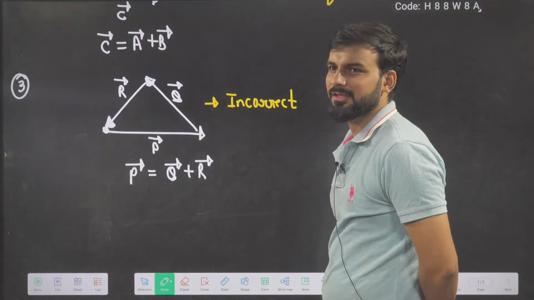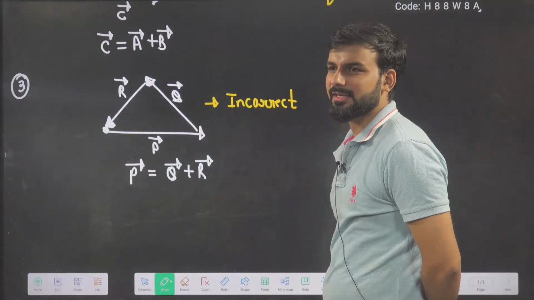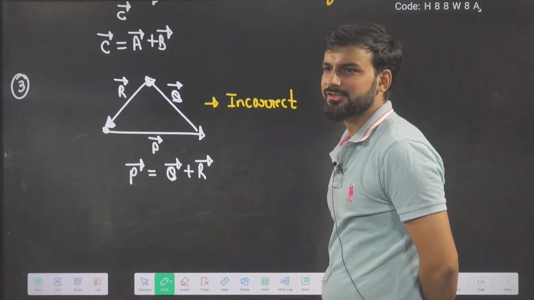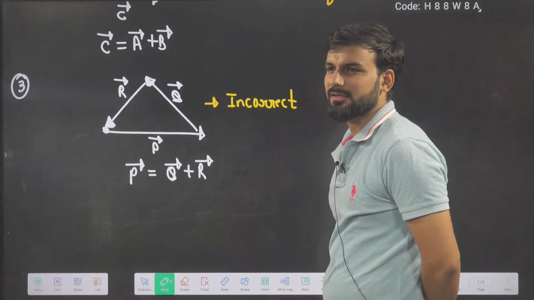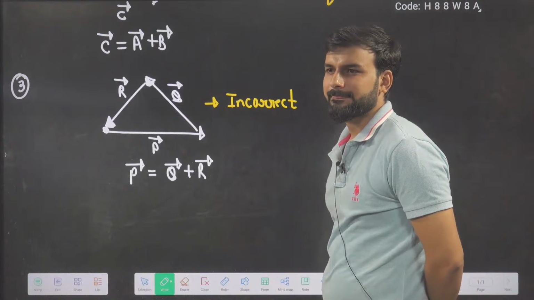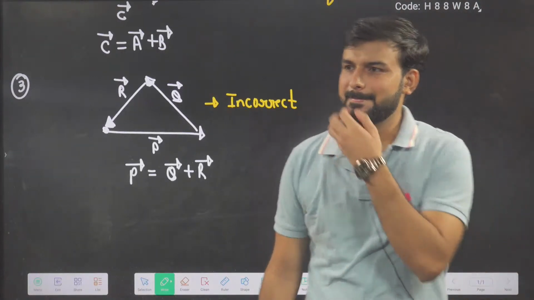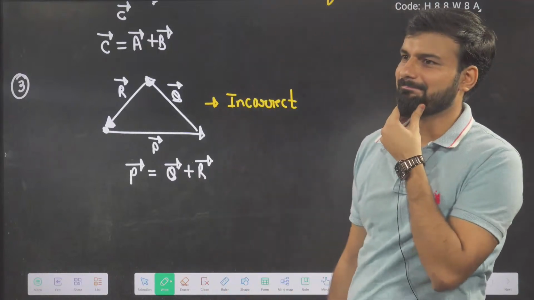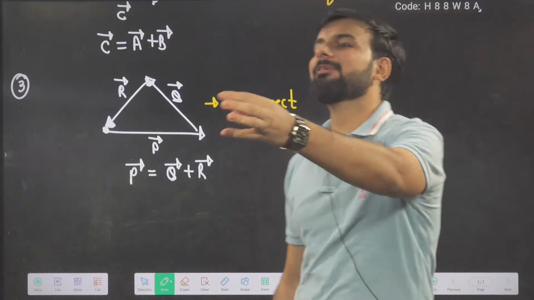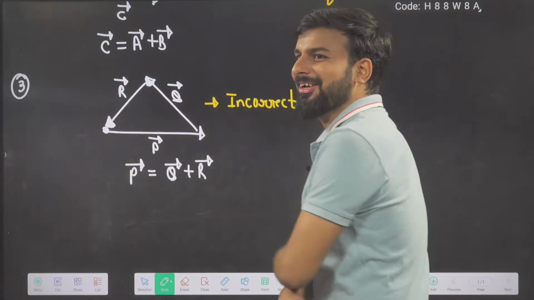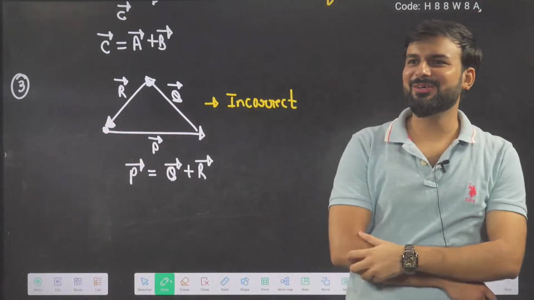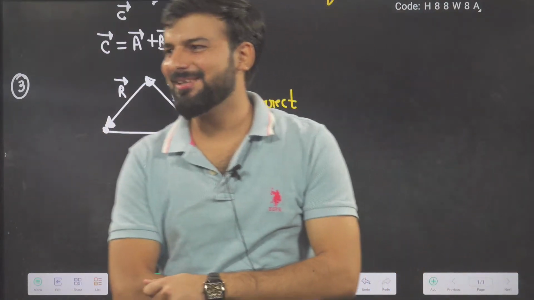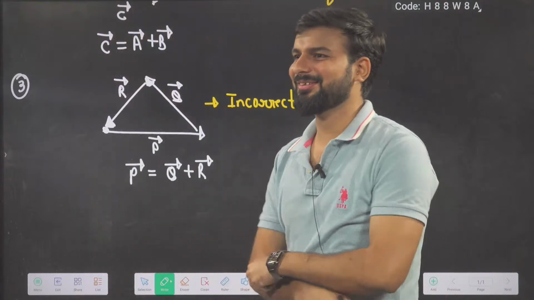Oh, Harsh Chandra has also given the correct answer. Oh, that chocolate one was a joke. That was not true, I was joking. So many students have answered, I don't have that many chocolates.